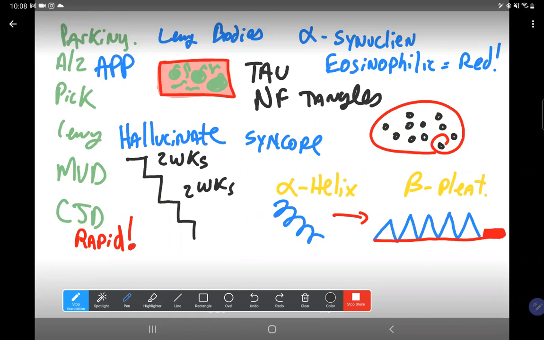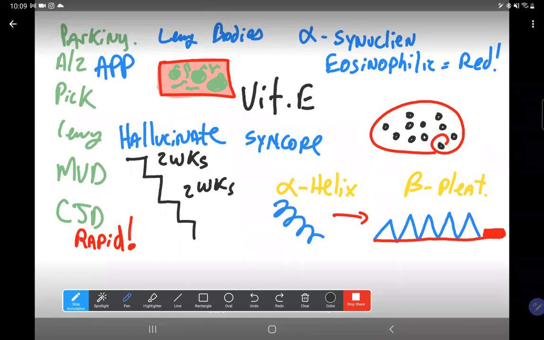So that's why it's theorized that vitamin E can help decrease the progression. It doesn't treat it, but it might help decrease the progression of the disease because vitamin E, as you know, is an antioxidant. You see? So vitamin E, being an antioxidant, is good for this to prevent any oxidative stress on these proteins.